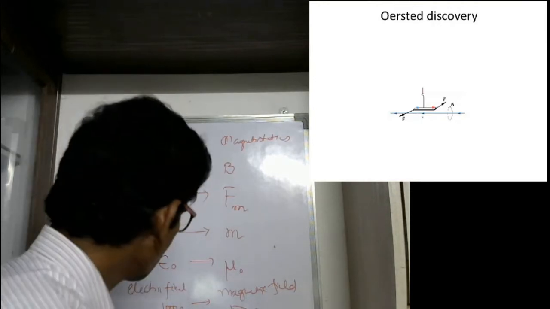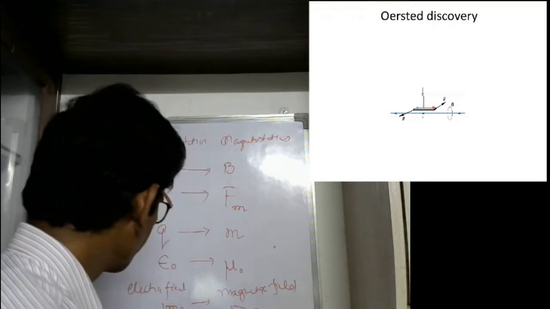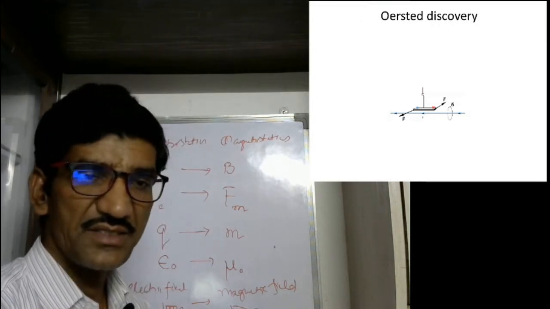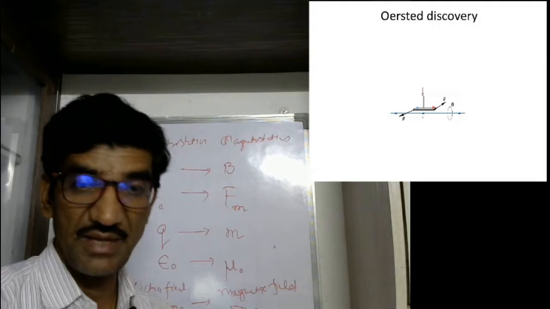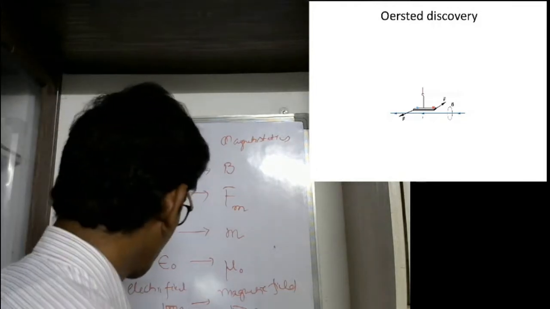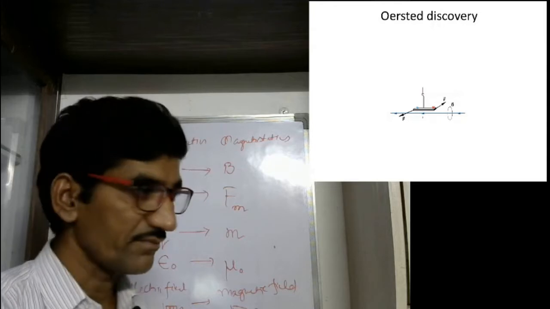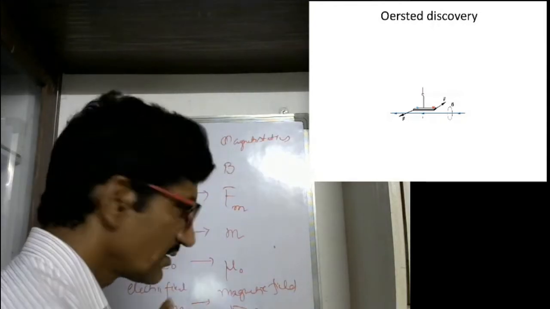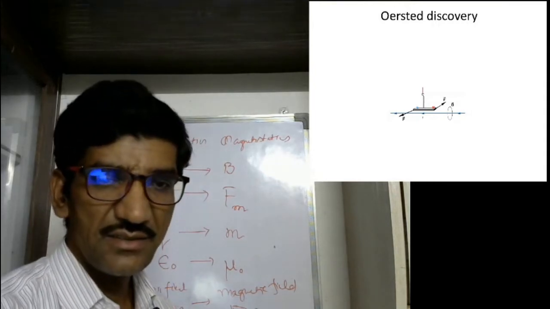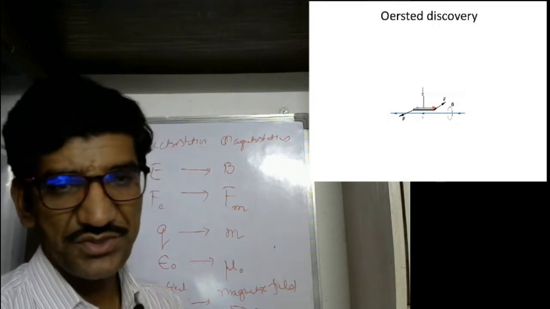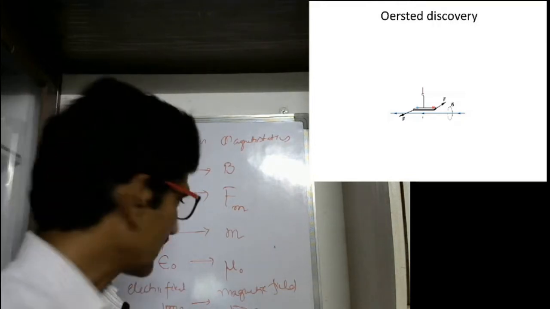In electrostatics, the field line is an imaginary concept. Here also it is an imaginary concept. But here we have to change the definition of the field line. There, a field line is the path of a unit positive charge moving in the electric field.